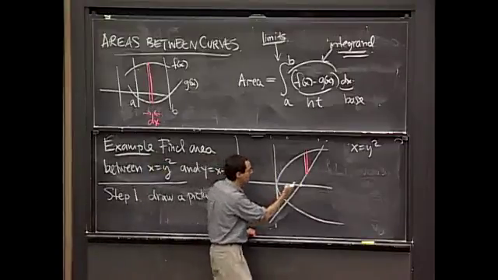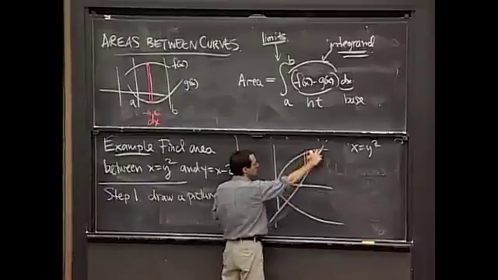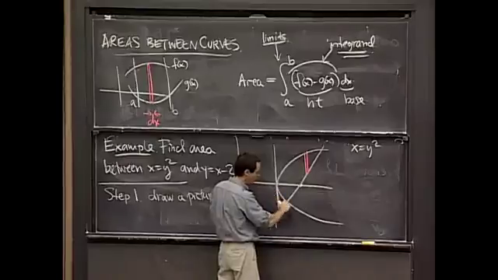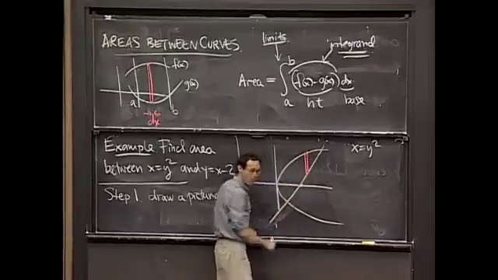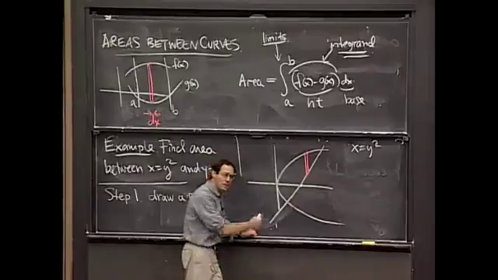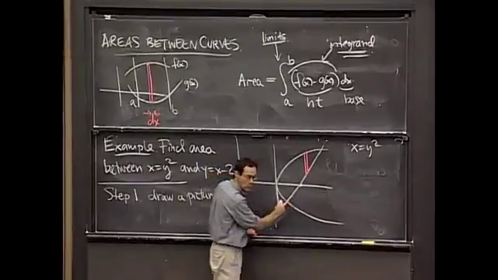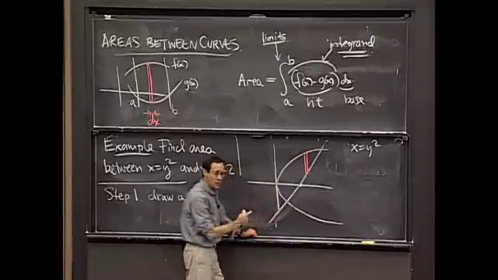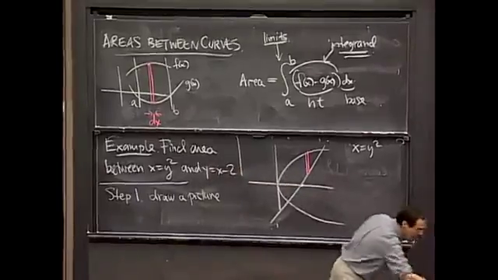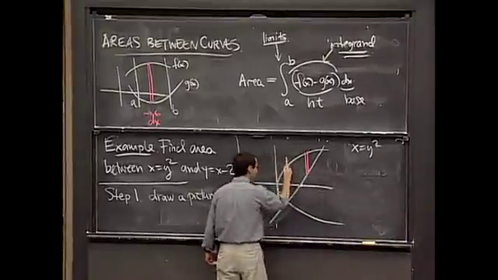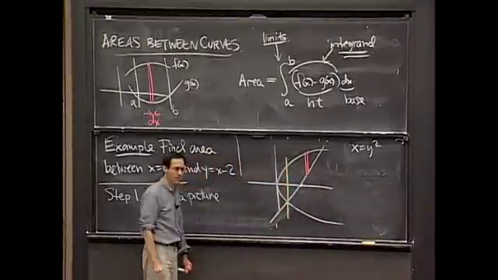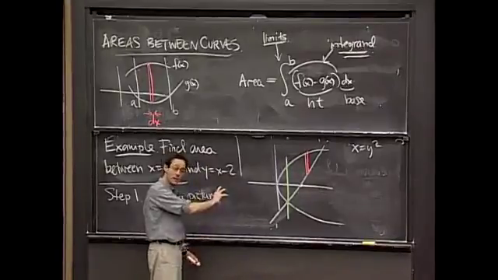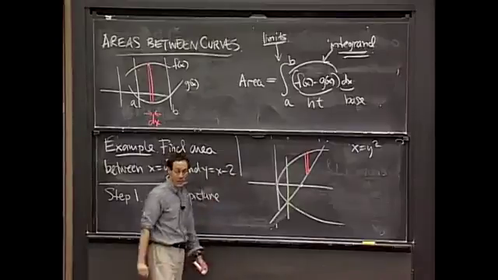The difficulty is that the upper curve here has one formula, but the lower curve shifts from being a part of the parabola to being a part of the straight line. That means that there are two different formulas for the lower function. And the only way to accommodate that is to separate this up into two halves. I'm going to have to divide it right here. So we must break it into two pieces and find the integral of one half and the other half.